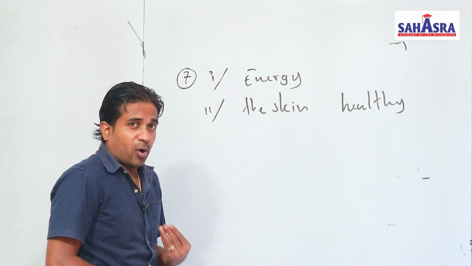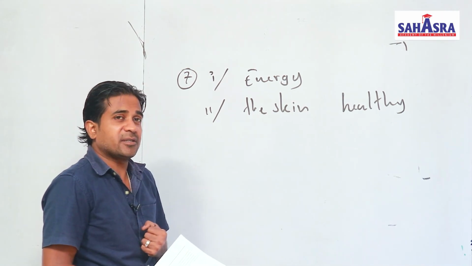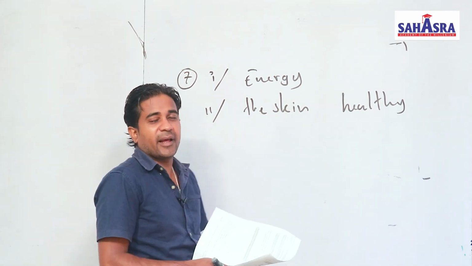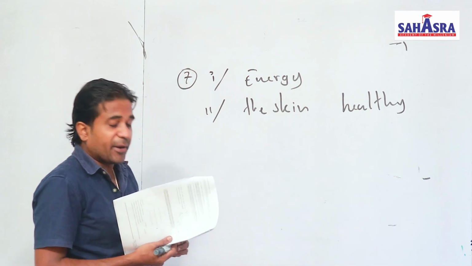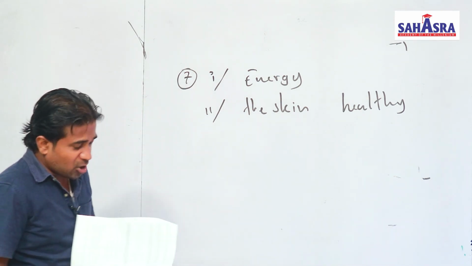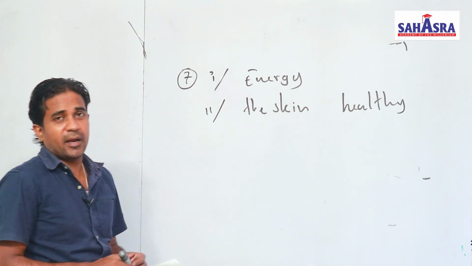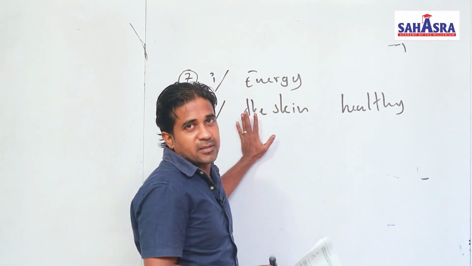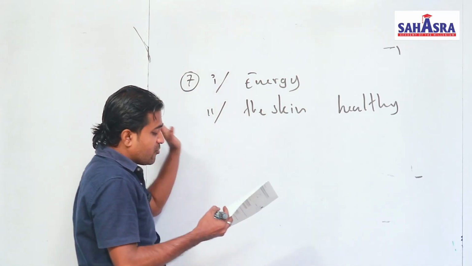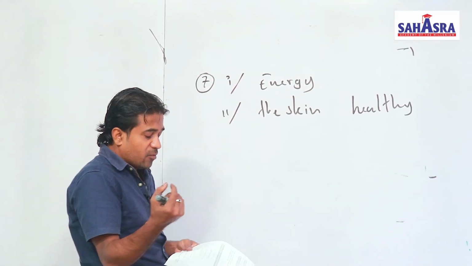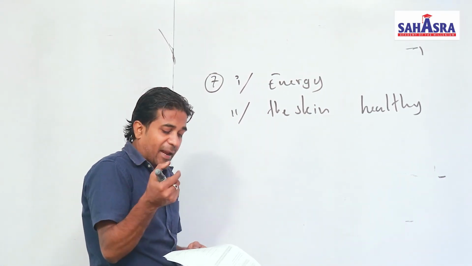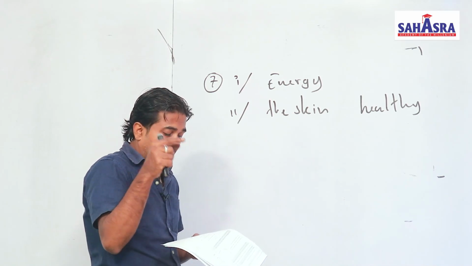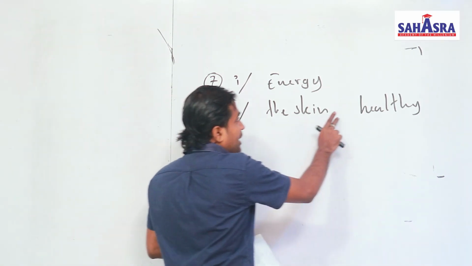If you have a good immunity system, you don't catch diseases easily. Immunity is mainly influenced by minerals and vitamins. So minerals and vitamins light your skin as well as keep the body healthy.